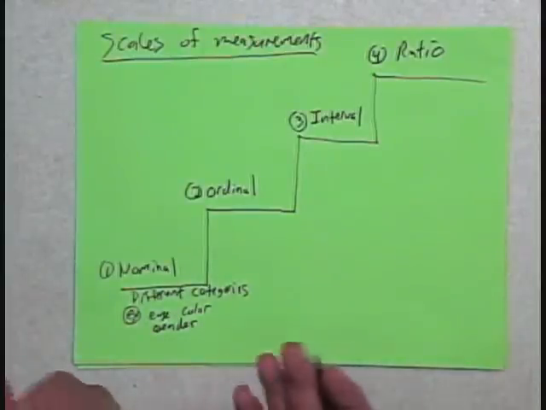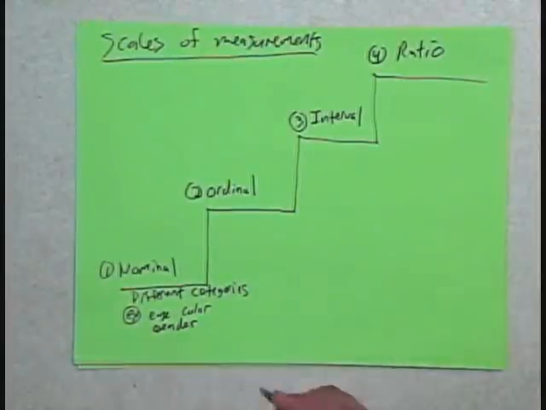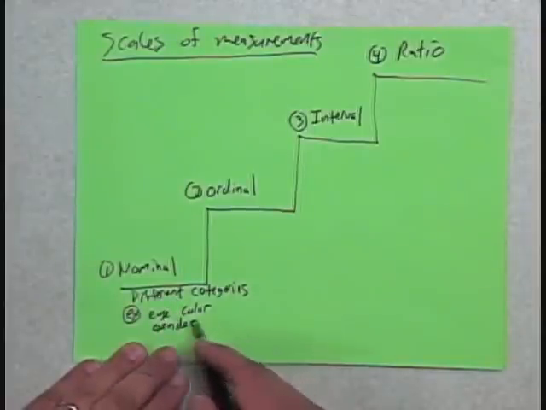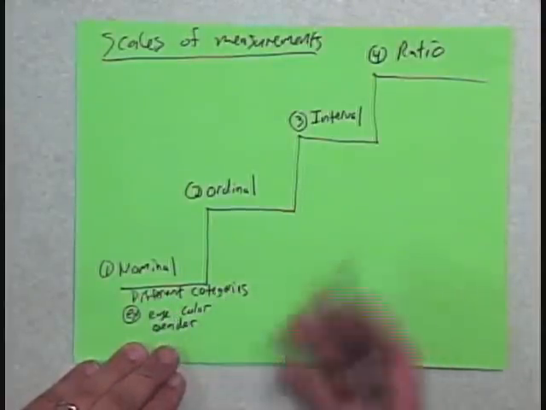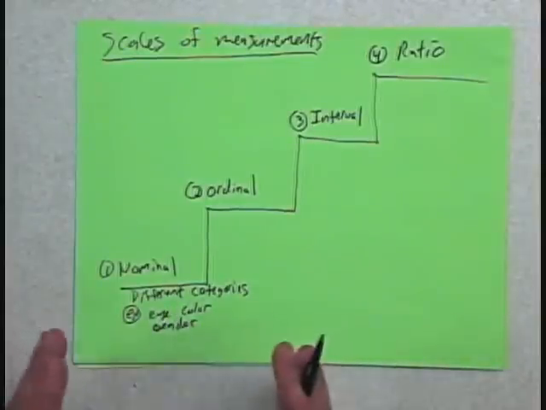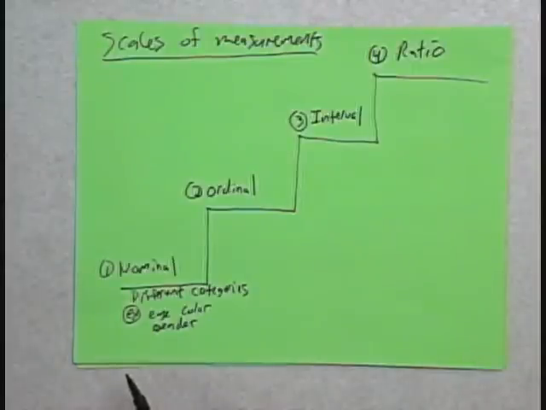Things like that. And so really when you observe the value of a variable, it just belongs in one category or another. Either you're brown, blue, green, whatever your eye color is. And that's the simplest scale of measurement.